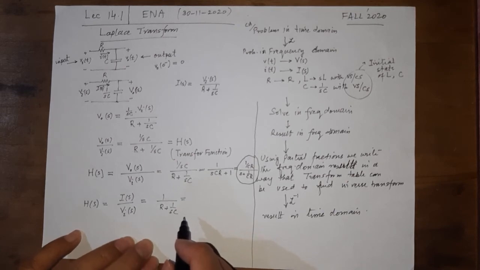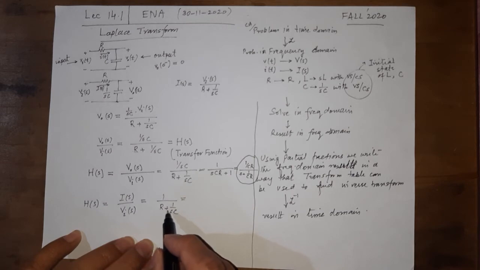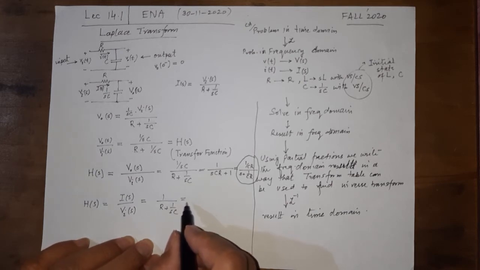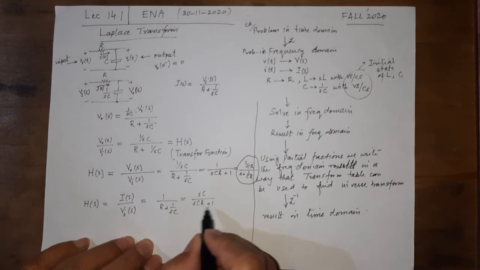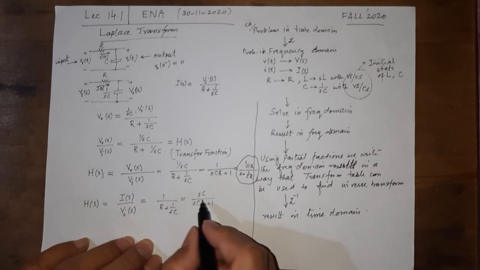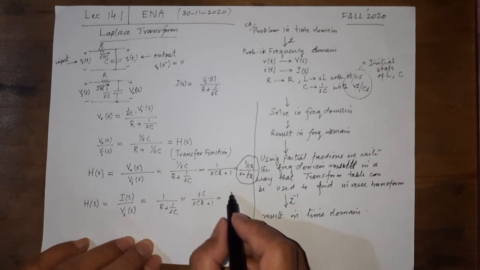Once again, we are interested in writing the expression in this form, that S, whether in the denominator or the numerator, has the coefficient of S equal to 1. So we can write this as SC over SCR plus 1. Take the LCM SC, and it goes to the numerator.